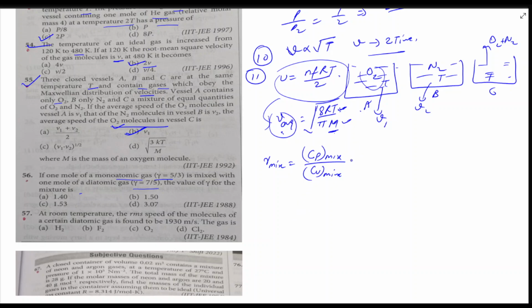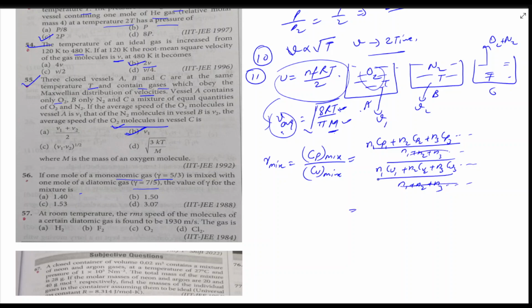So we know the Cp of the mixture will be n1 Cp1 plus n2 Cp2 plus n3 Cp3 and so on, divided by n1 plus n2 plus n3 and so on, upon n1 Cv1 plus n2 Cv2 plus n3 Cv3 and so on, divided by n1 plus n2 plus n3 and so on. This will get cancelled, so we'll just find this.